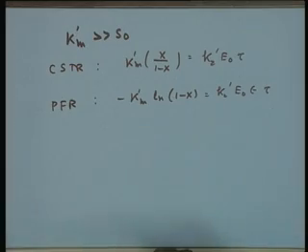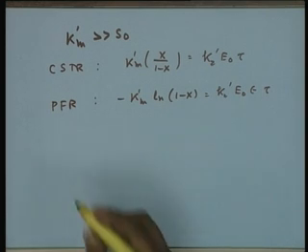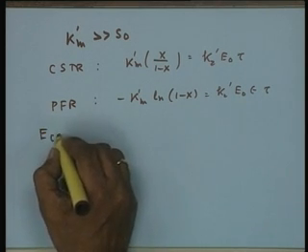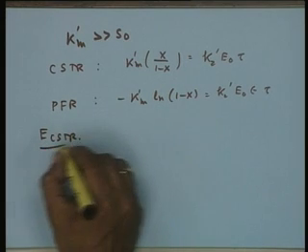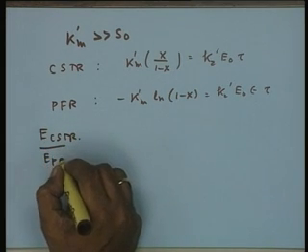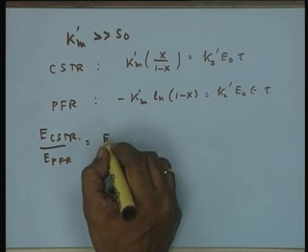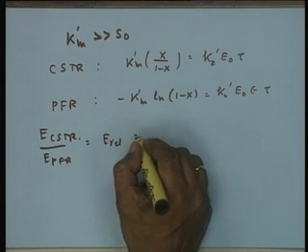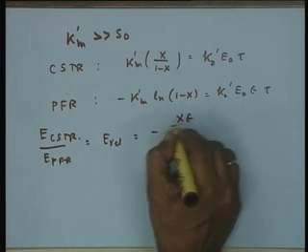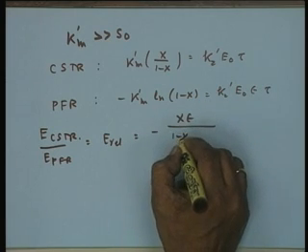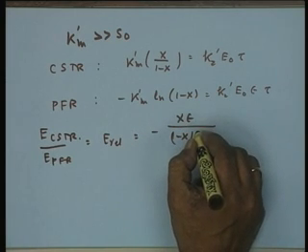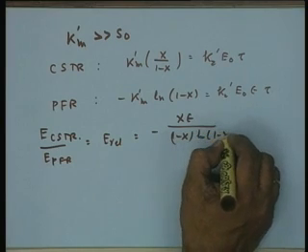But if you consider a first order regime, the performances are quite different. If you compare the relative quantity of enzyme required, that is E CSTR and E PFR, we can define the term E relative, which will be equal to minus x epsilon upon 1 minus x into ln 1 minus x.